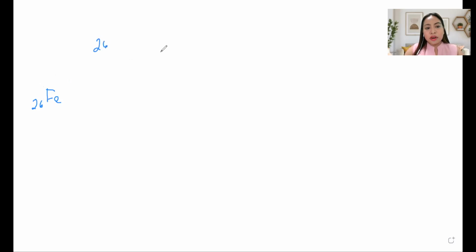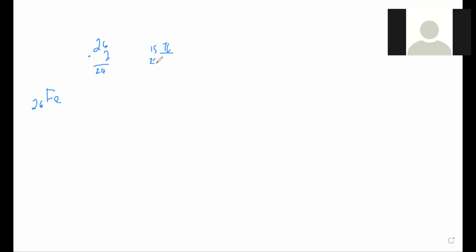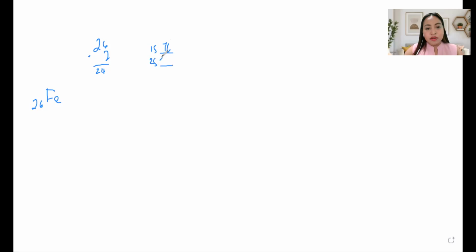Let's start our electronic configuration with 1s. How many electrons are there for 1s? 2. So we have 1 spinning up and 1 spinning down. 26 minus 2, you have 24. So you proceed to 2s, which is also 2.